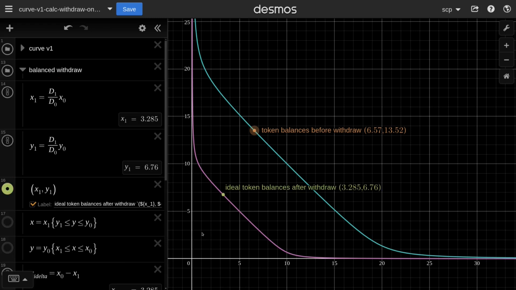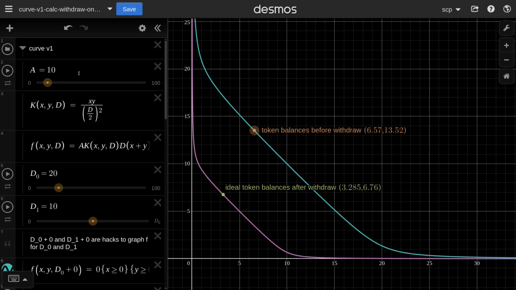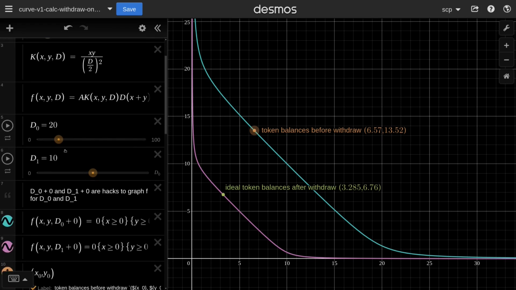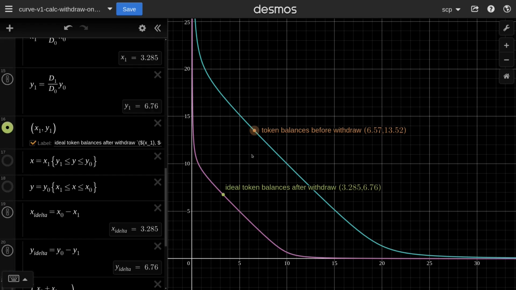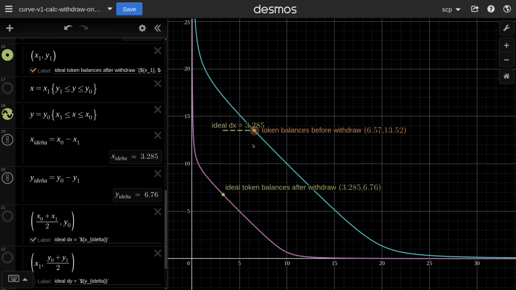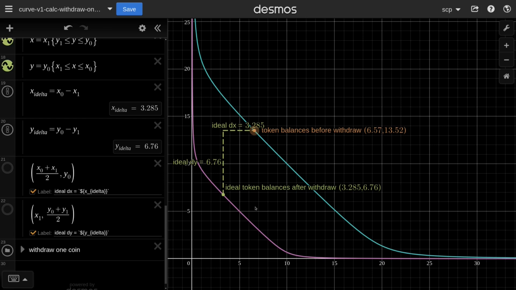Now, the ideal way to decrease the liquidity is to decrease the token balances by the percentage that the liquidity decreased by. For this example, we decrease the liquidity by 50%, from 20 to 10. So in this case, the token balances should also decrease by 50%. This applies both to token X and token Y. For this example, initially we had a token balance of X equal to 6.57 and Y equal to 13.52.